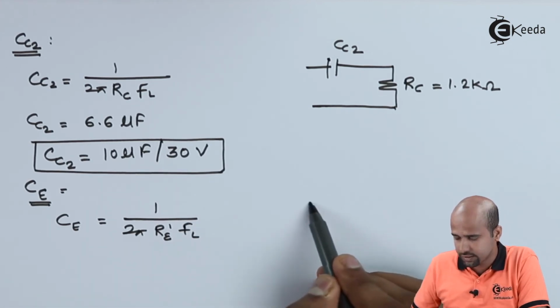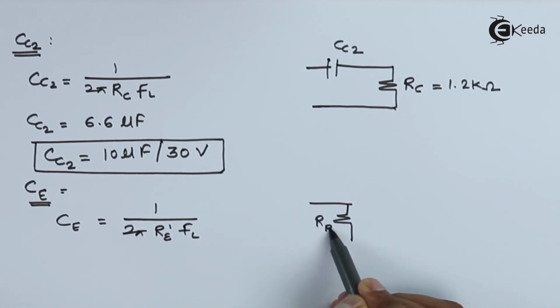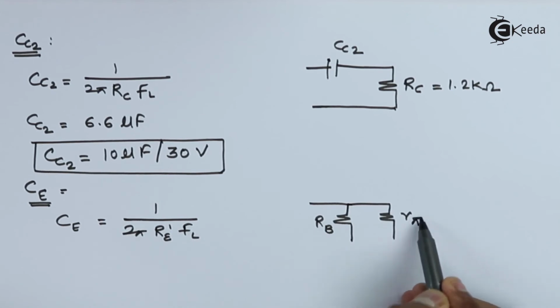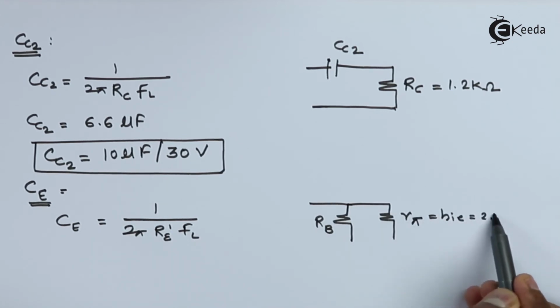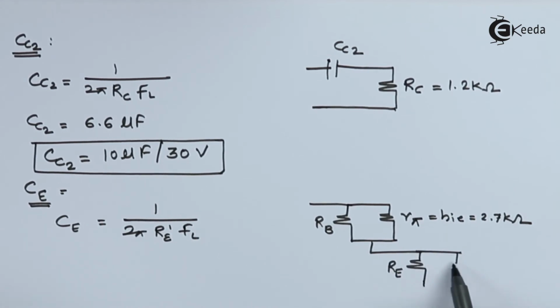We have to calculate the value of RE dash, as this is your value of RB, this is your value of R pi, and that is nothing but HIE, which is equal to 2.7 kilo ohm. This is your value of RE. Capacitor CE that we have to design.